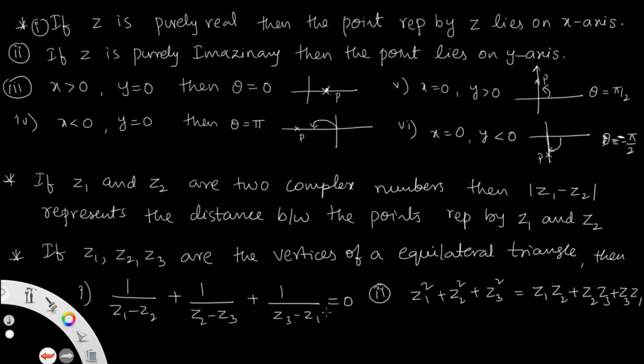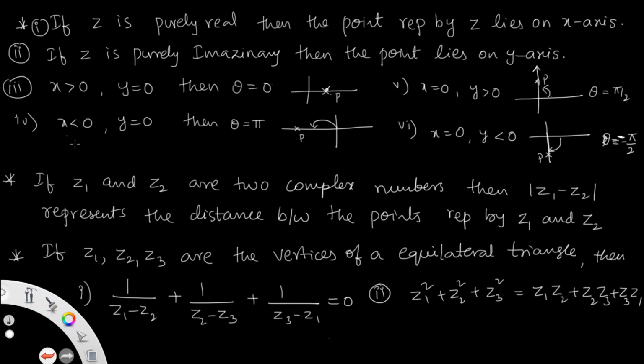Next, go to the general points about the x and y axis. If Z is purely real, then the point represented by Z lies on the x-axis. If Z is purely imaginary, then the point lies on the y-axis. If x is positive and y equals 0, then theta, meaning argument, lies on the x-axis, so theta is obviously 0.